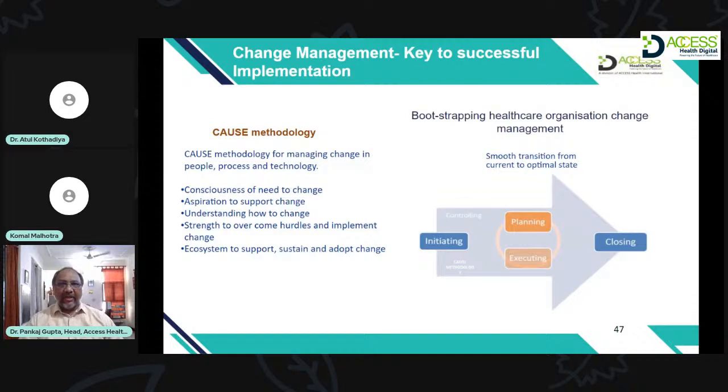You saw the flow that Atul shared in the beginning. There is something called user acceptance training, UAT. Once the users are trained and accept the system, the IT vendor will say, all right, my job is done, I'm going away.